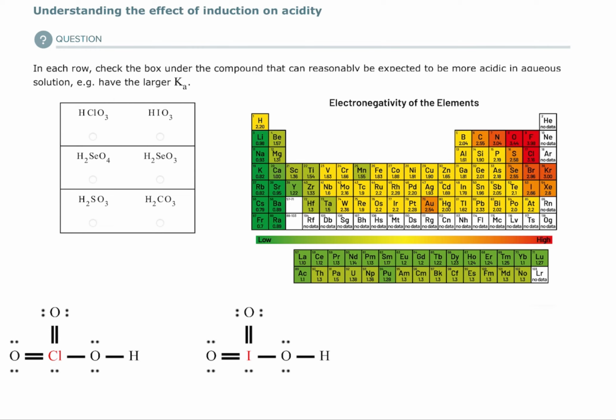So Cl has a stronger electronegativity. That means it is going to pull the electron away and the hydrogen is easier. So I'm going to say that means that will be easier to fall off, so it'll be a stronger acid. Okay, does that make sense what we're doing? Okay, let's do another one.